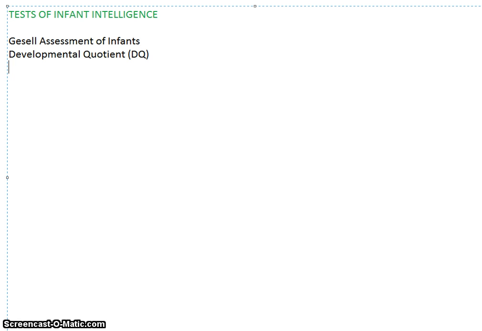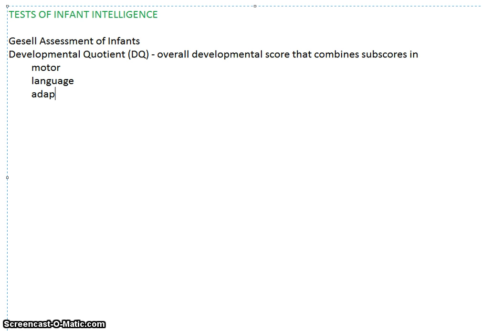And so this was an overall developmental score that combined subscores in the following areas: motor development, language development, adaptive skills, so how well you can figure out a situation, personal social domains. And so these all combine to form your developmental quotient. Again, the first type of intelligence test.